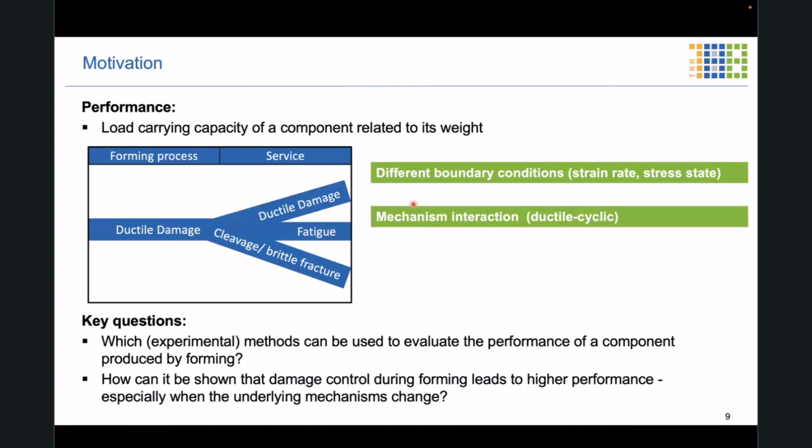And then we have to speak about a mechanism interaction between ductile damage activated during the process of forming and cyclic material loads resulting in the activation of corresponding mechanisms during the service phase.